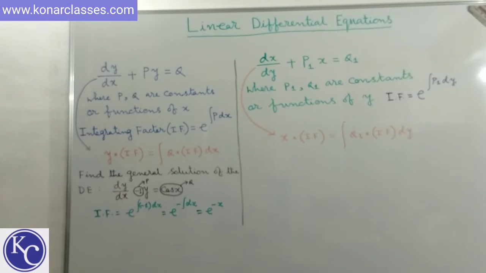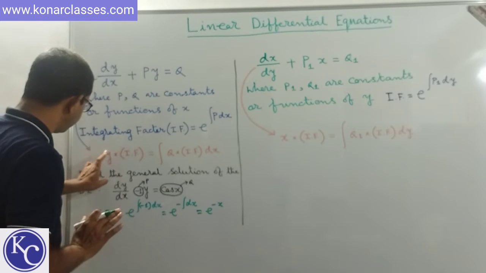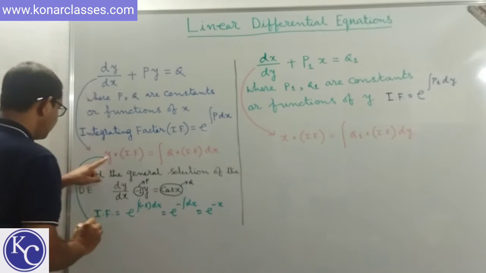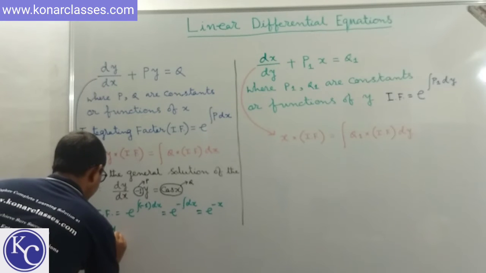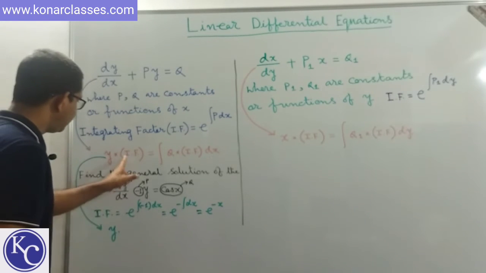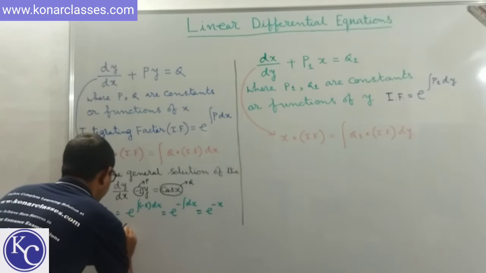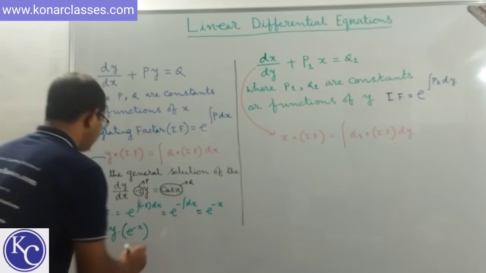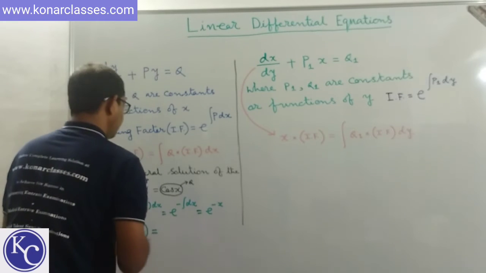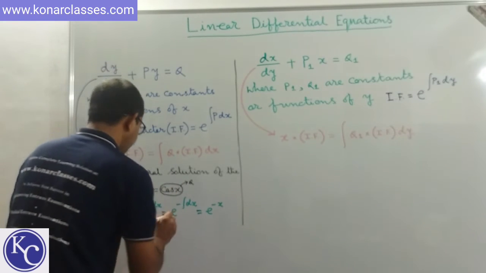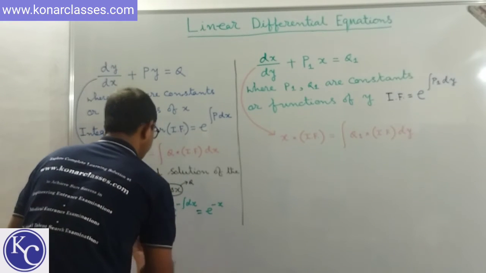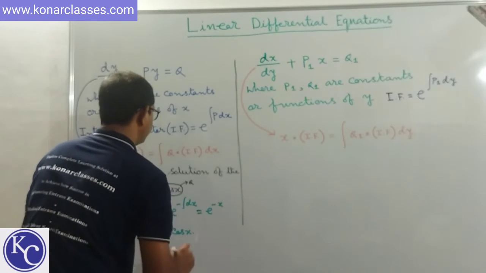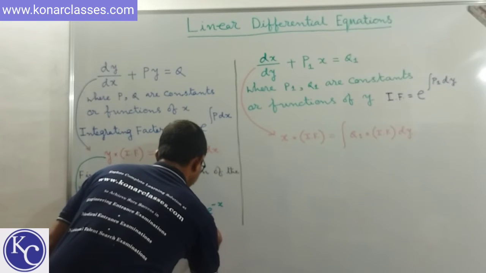So what will be the solution to the given differential equation? y into that integrating factor, that is e power minus x, is equal to integration of q, what is q? cos x, into e power minus x dx.